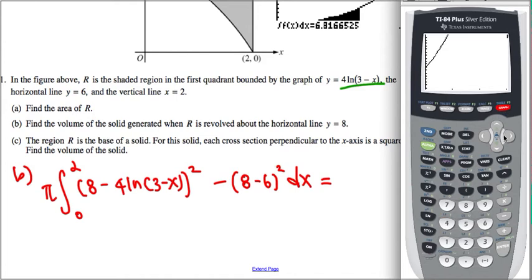Now when I graph it, since this goes way up there, I'm going to go for zoom fit once again. That'll give us a nice value. And I'm going to go for calculate integral number 7. Once again, number 7, lower bound will be 0, upper bound will be 2, then we get this value.